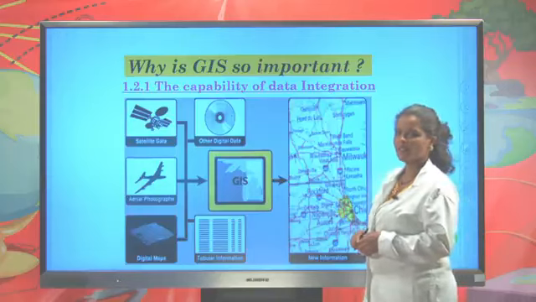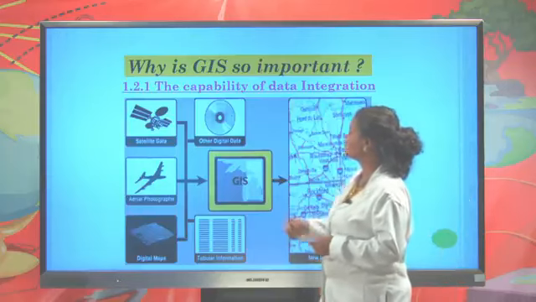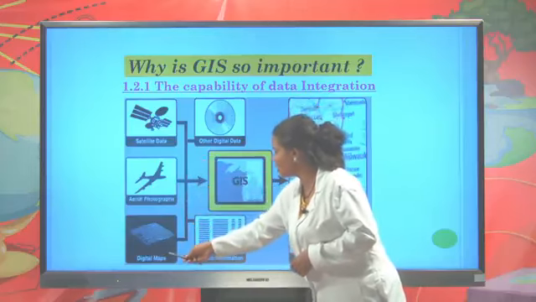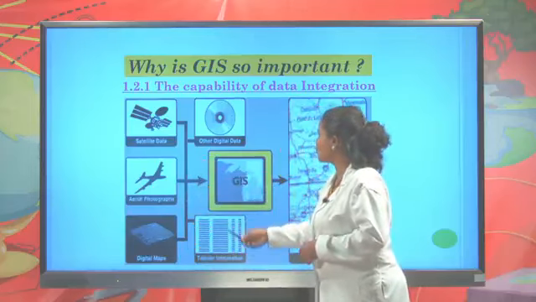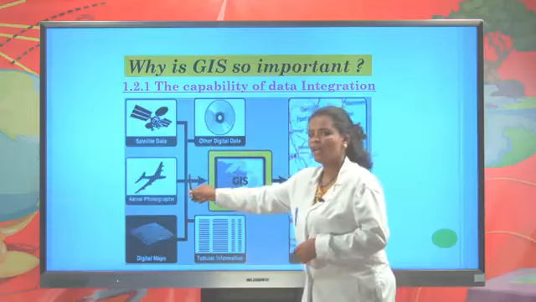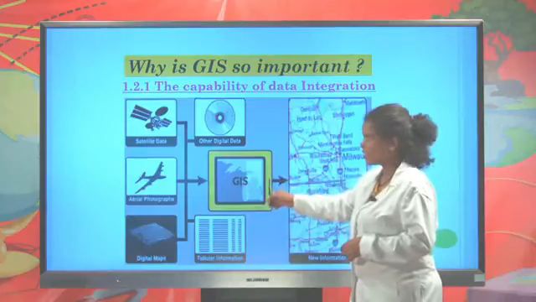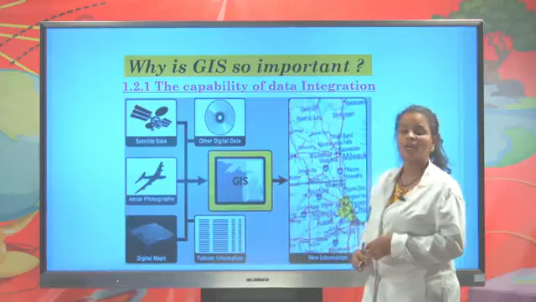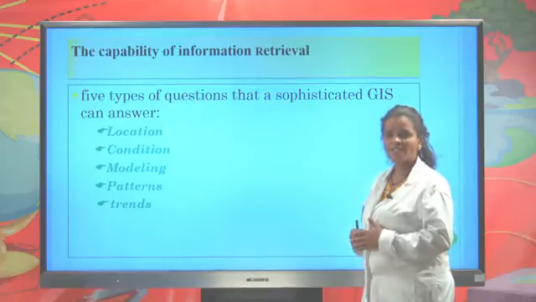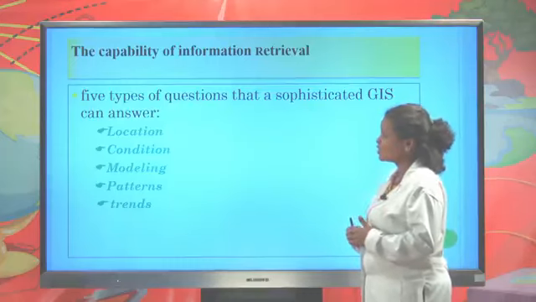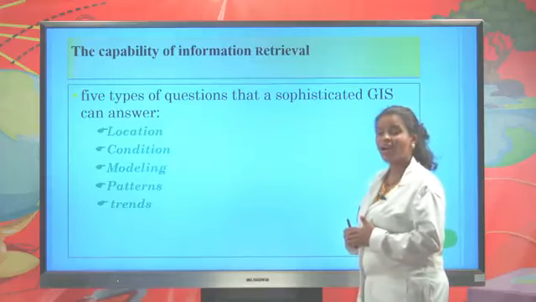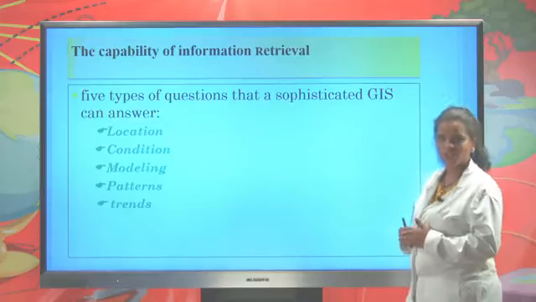Let us see this map. GIS uses satellite data, aerial photographs, digital maps, tabular information, and other digital data, which are processed by GIS to give new information. The five main types of questions answered by GIS are location, condition, modeling, patterns, and trends.